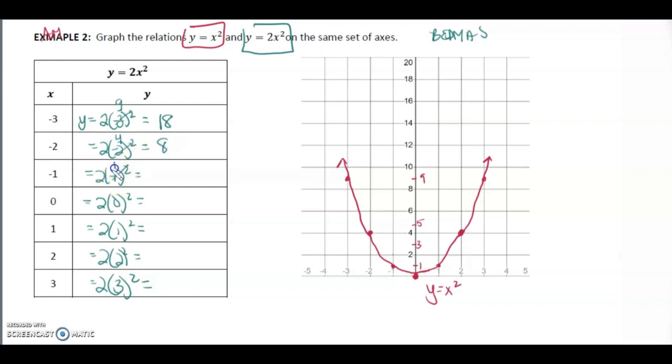Negative 1 squared is 1 times 2 is 2. 0 squared is 0 times 2 is 0. 1 squared is 1 times 2 is 2. 2 squared is 4 times 2 is 8. And 3 squared is 9 times 2 is 18.